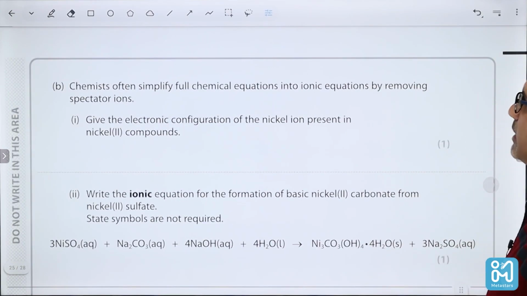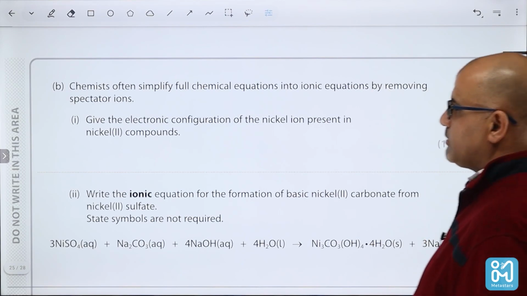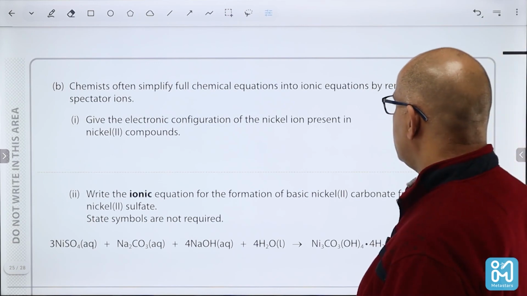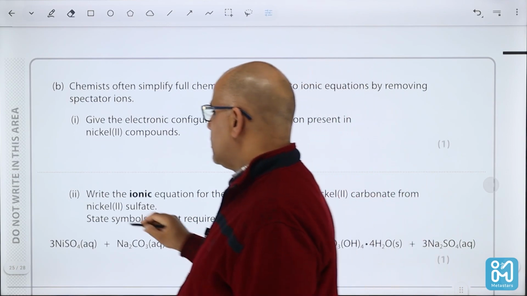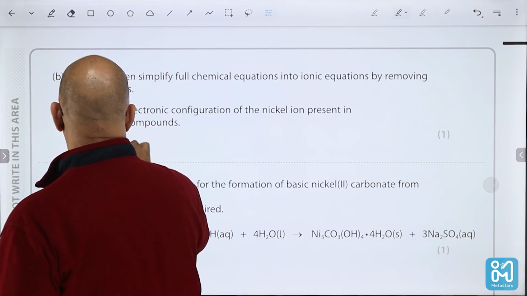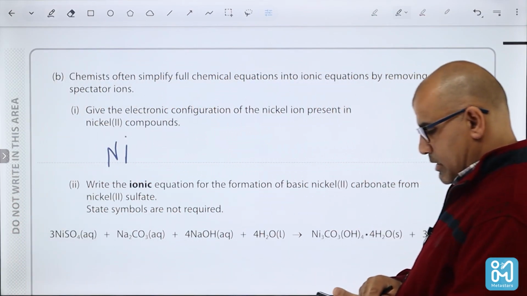Chemists often simplify full chemical equations into ionic equations by removing the spectator ions. Give the electronic configuration of the nickel ion present in the nickel 2 compound. You know, nickel has an atomic number of how much?